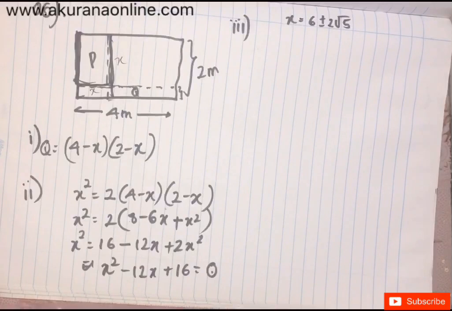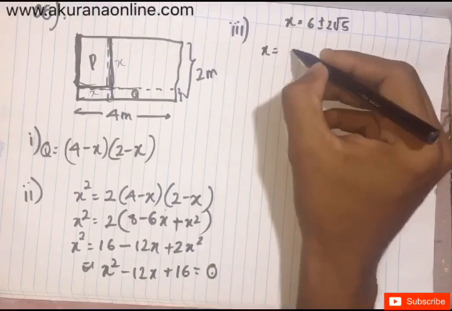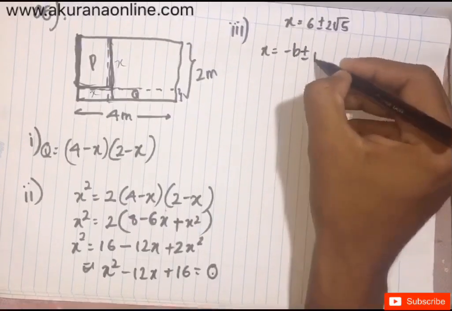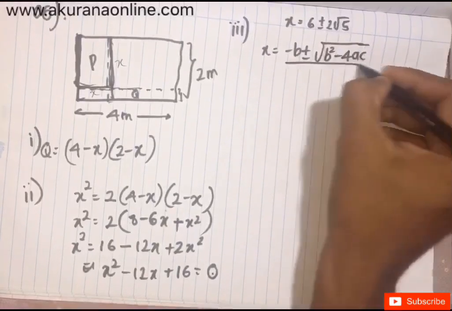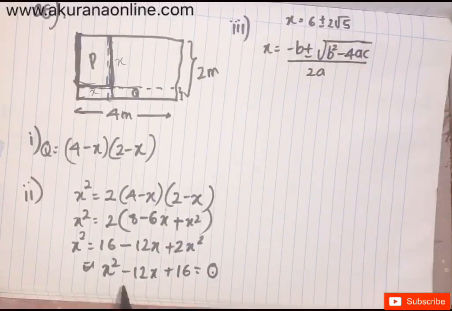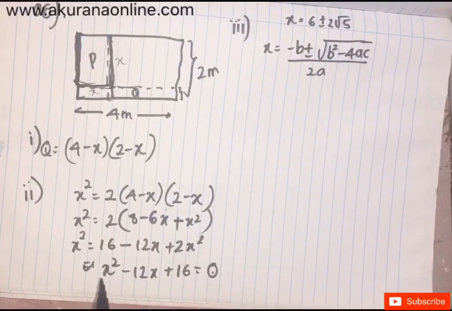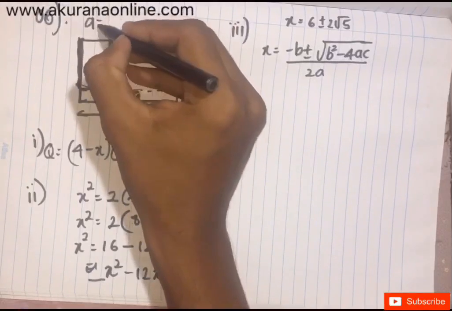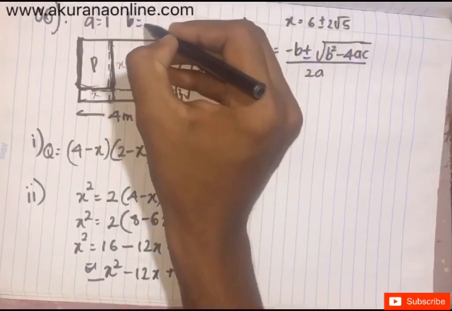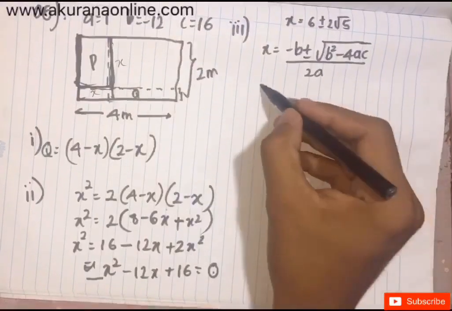You should know the formula: x is equal to minus b plus or minus the square root of b squared minus 4ac, over 2a. Now in this equation, you should know the values of a, b, c. a is the coefficient of x squared. I'll write it here: a is equal to 1, b is equal to minus 12, and c is equal to plus 16.